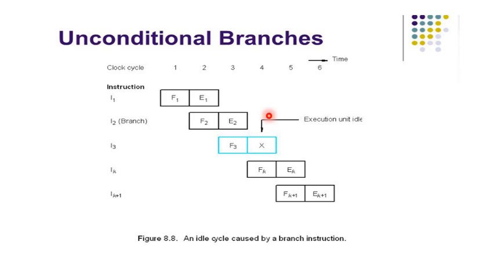In the meantime, the hardware unit responsible for the execution step must be told to do nothing during the clock period. Thus, the pipeline is stalled for one clock cycle. The time slot lost as a result of the branch instruction is often referred to as the branch penalty.